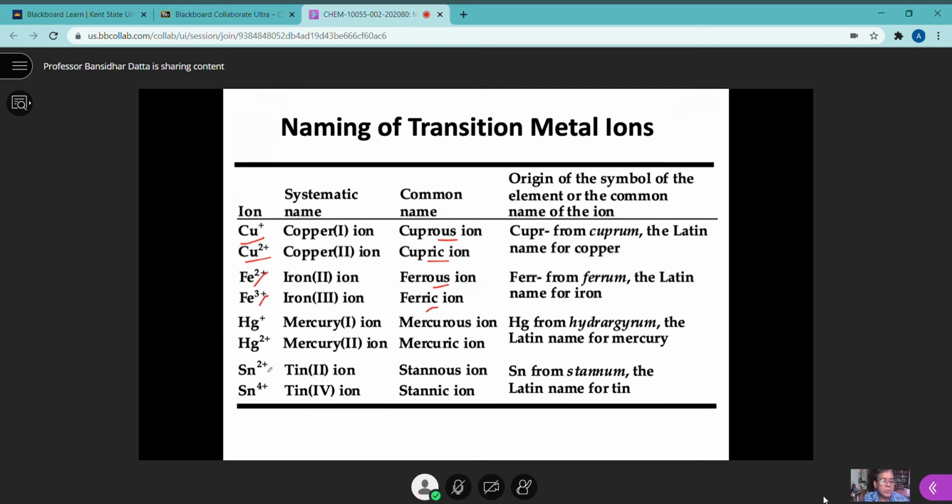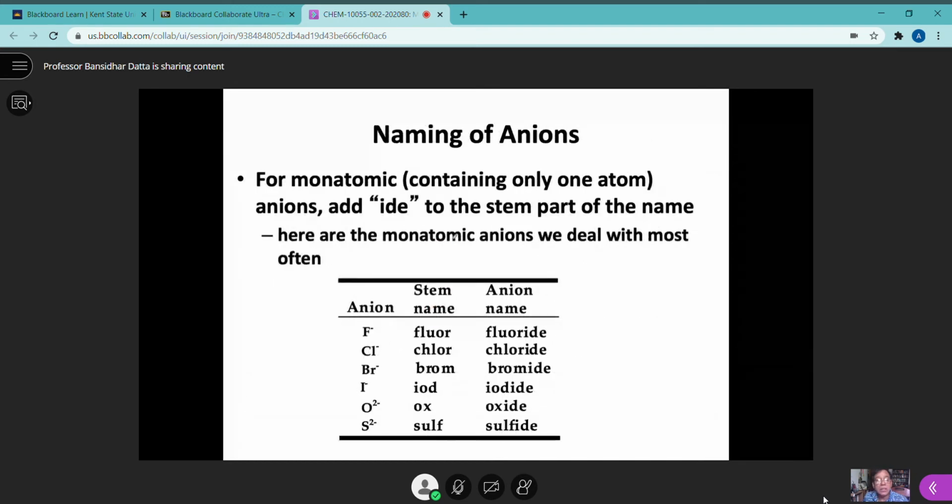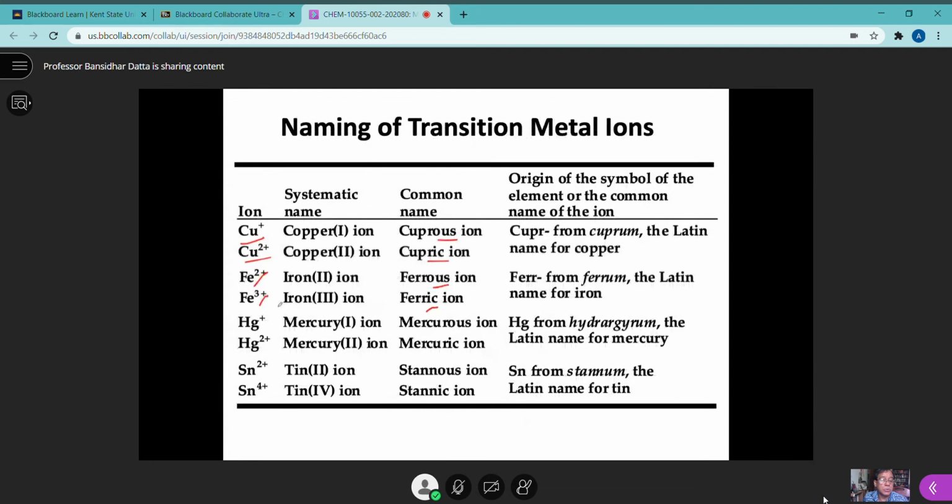Stannous Sn2+ and stannic Sn4+ are not important in our body, but for the sake of simplicity, write tin 2+ and tin 4+. So, stannous ion and stannic ion. Once again, the lower valence is called -ous and the higher valence -ic. That's a convention, so if you want to make any compound with mercury or something like that, we are up to this one.